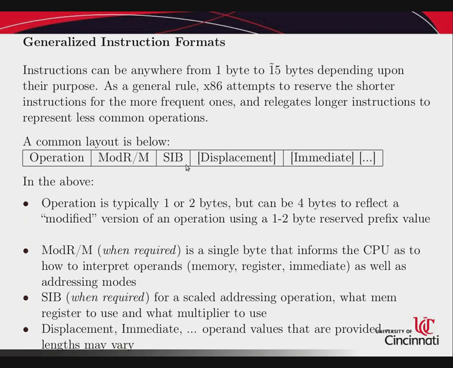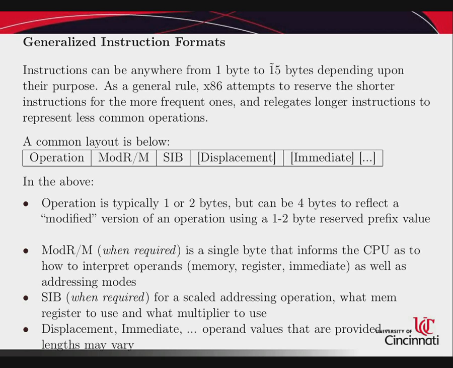But generally speaking, this is the organization of the bytes. The nice thing, or the painful thing, depending on your point of view, for the Intel architecture is that any of these fields, except for the operation, of course, can be eliminated if it's not necessary for that instruction. From their perspective, that helps with compactness.